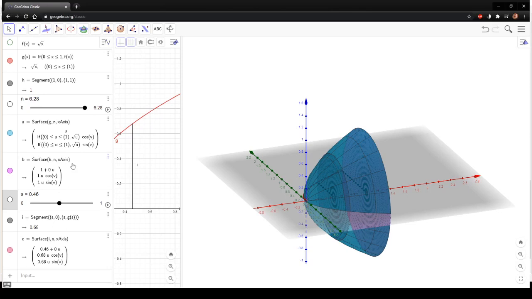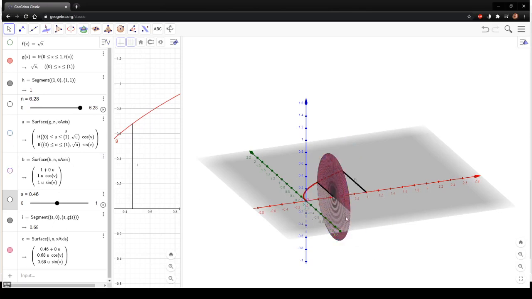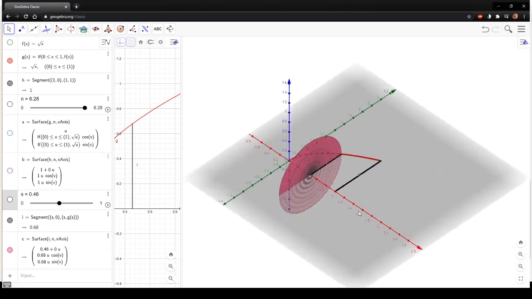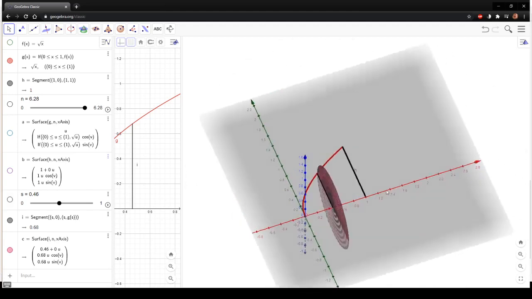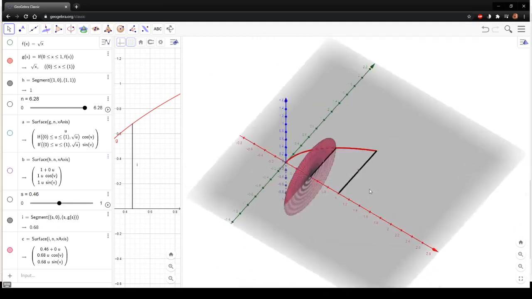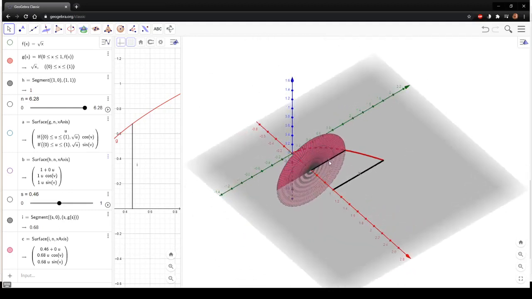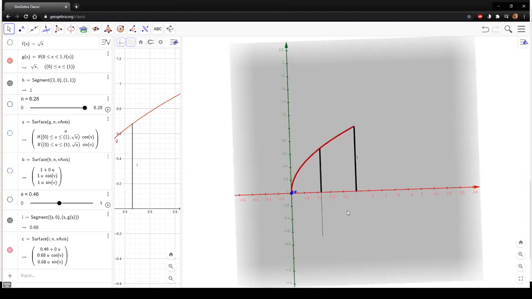Now, what do we actually need for the formula? Well, we need the inner and outer radius, or radii, of this annulus. Well, the inner radius is clearly 0. The outer radius, on the other hand, is going to be this distance. So, what is that distance?